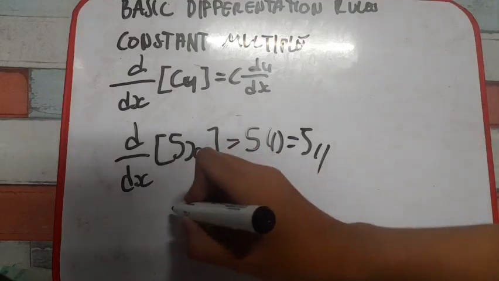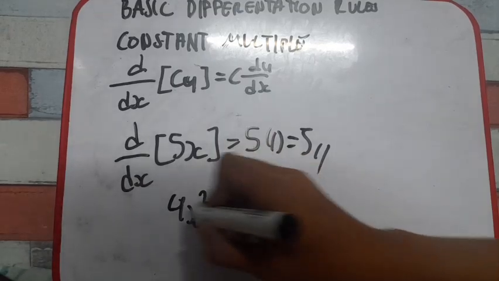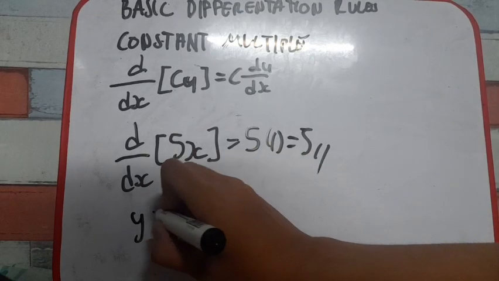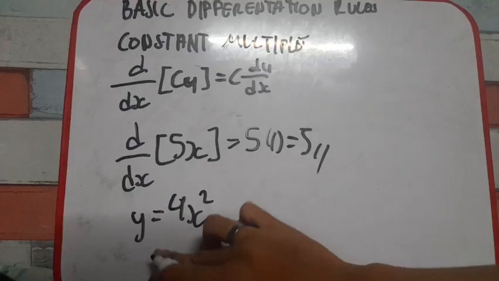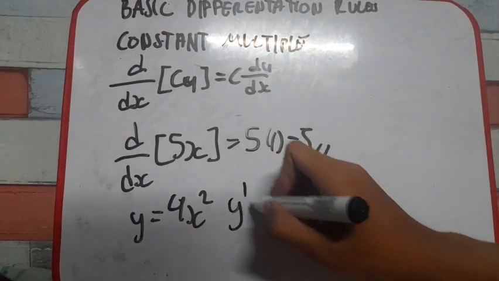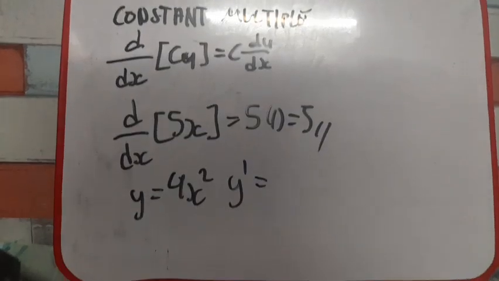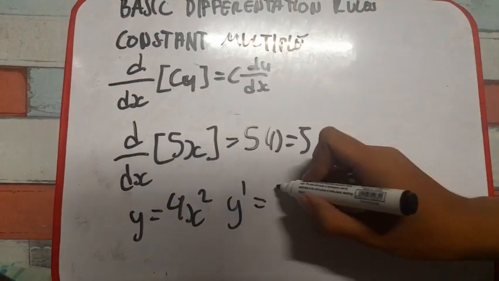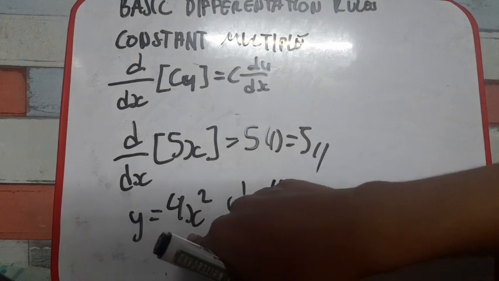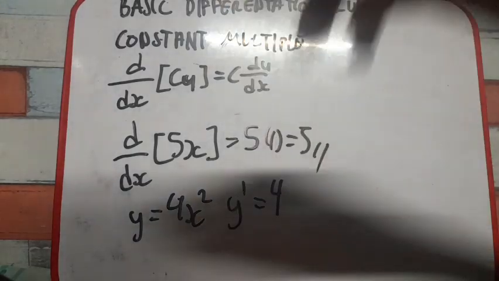Another example we have is 4x squared, and solve that right down there. y prime equals, using the constant multiple rule just like earlier, we leave the 4 and then find the derivative of x squared.